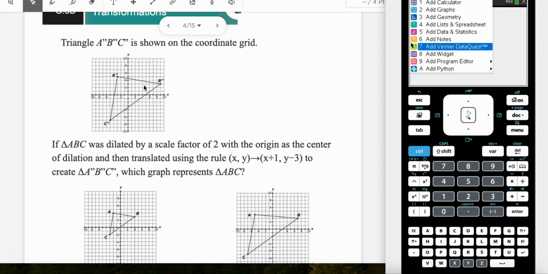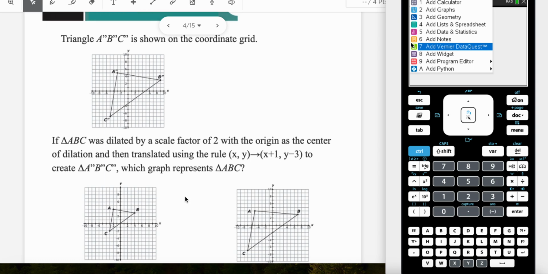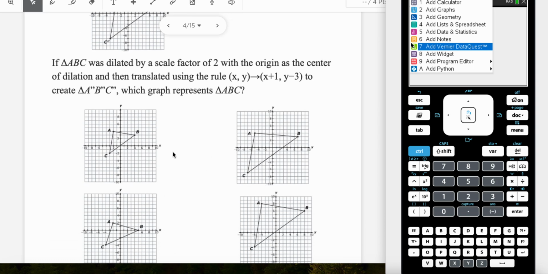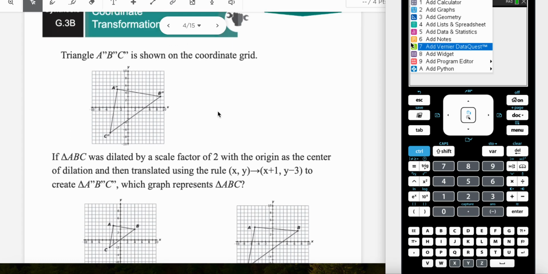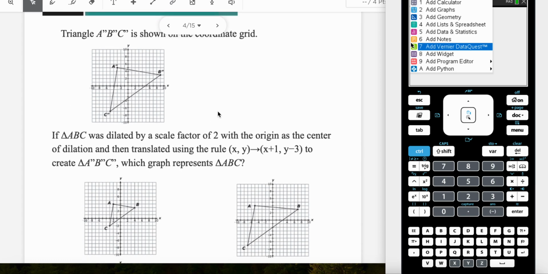This is the result after the transformation. So we want to know which of these would have been the before. So we're going to have to work backwards. Again, you always perform your transformation on the before. So just to make a note, this is the after. Okay? And the answer choices are your before.